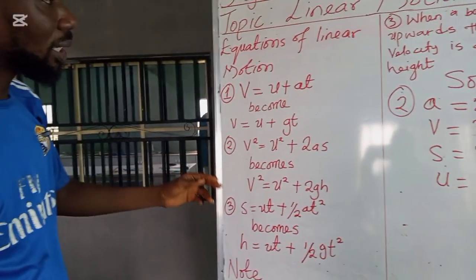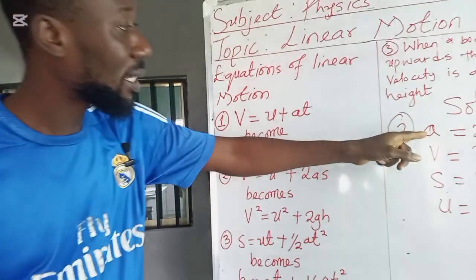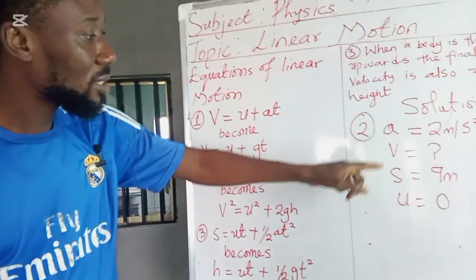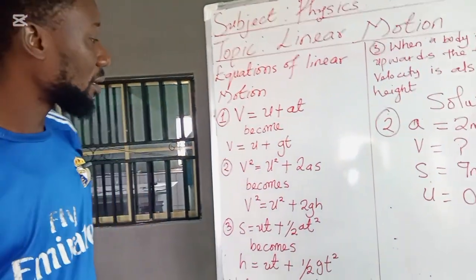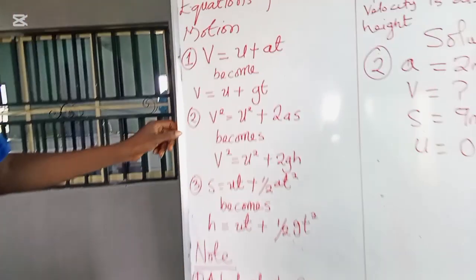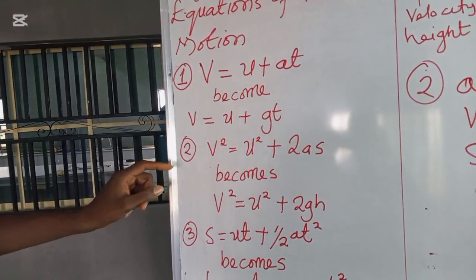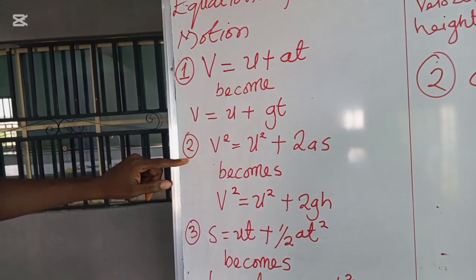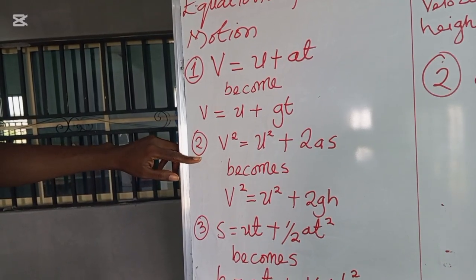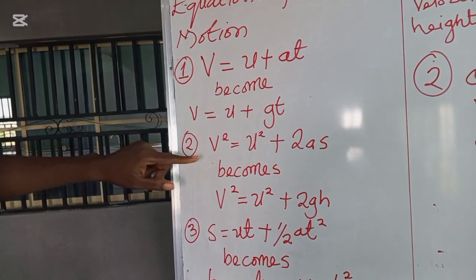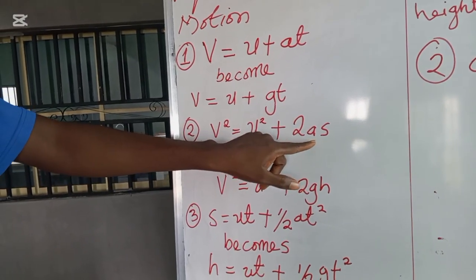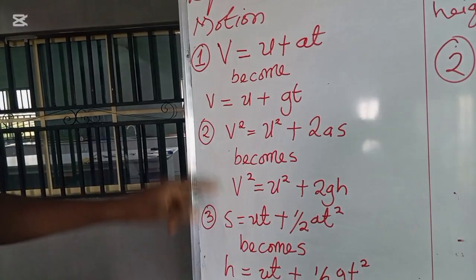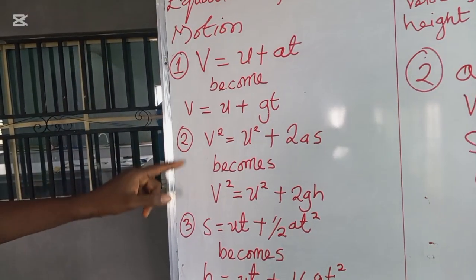Now let's go back to the equations of linear motion. Which of these formulas has acceleration, velocity, distance, and initial velocity? You could see that it is no other than equation of linear motion number 2, that has velocity, initial velocity, acceleration, and distance. So we're going to use equation number 2.